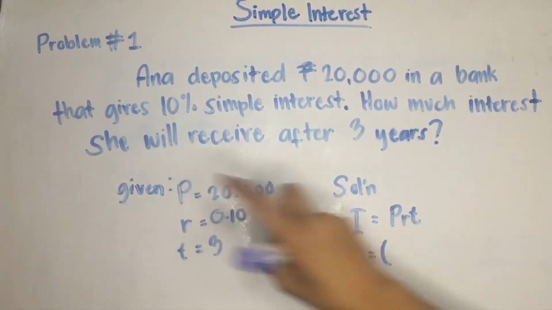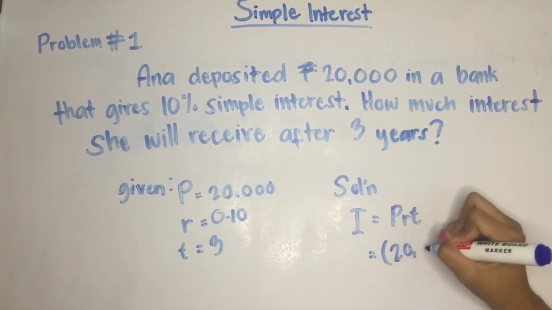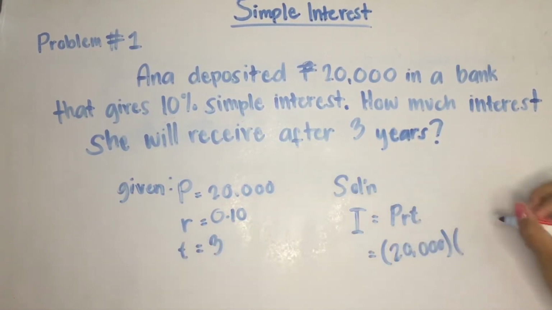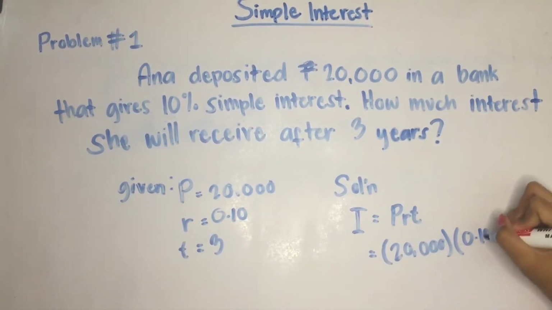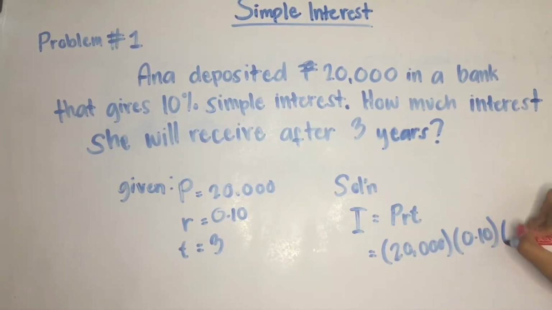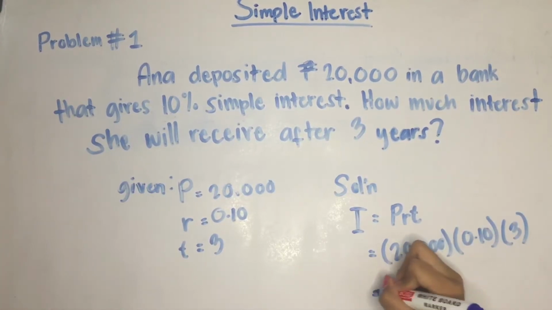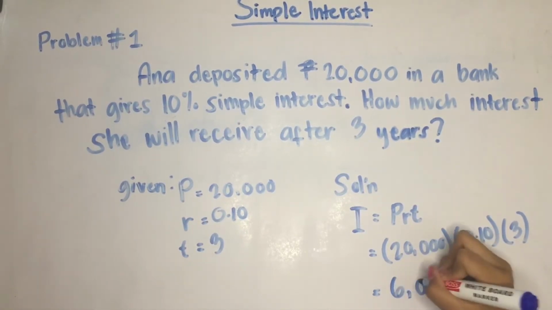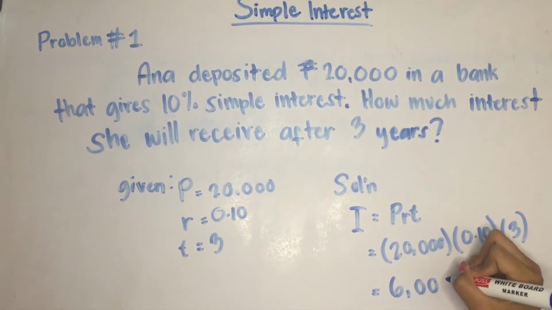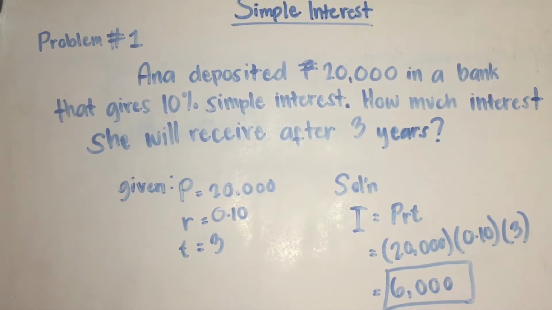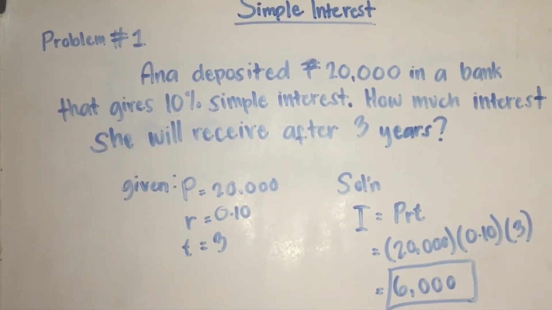So, principal is 20,000 and rate is 0.10 and the time is 3. So 20,000 times 0.10 times 3 is equal to 6,000. Therefore, the interest that Anna will receive after 3 years is 6,000.